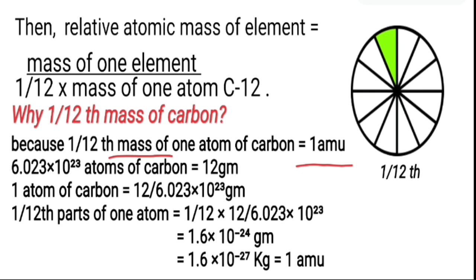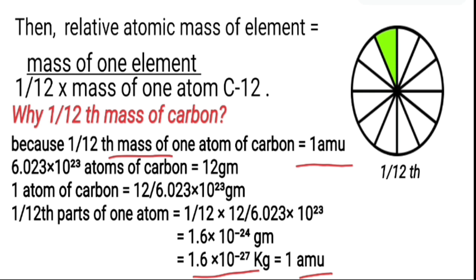That's why the mass is considered 12 gram. Now, one atom of carbon is 12 by 6.023 into 10 to the power 23 gram. 1/12th part of that atom is equal to 1.6 into 10 to the power minus 27 kg, which is equal to 1 atomic mass unit.